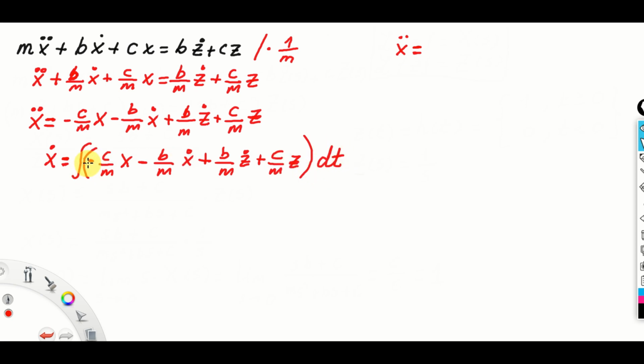This equation will be very useful for deriving the Simulink block diagram. The next equation is that x is actually the integral of x dot dt. The procedure is the following. First, we will integrate this part to obtain x dot, and then we will integrate x dot to obtain x. And that will be the idea for developing the Simulink block diagram.